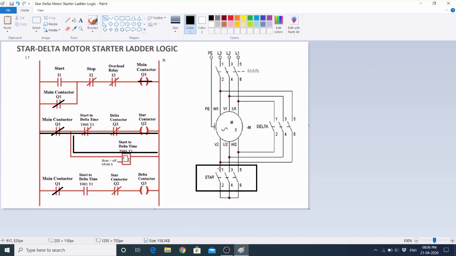That means this will be like this, like this, and this will be like this.